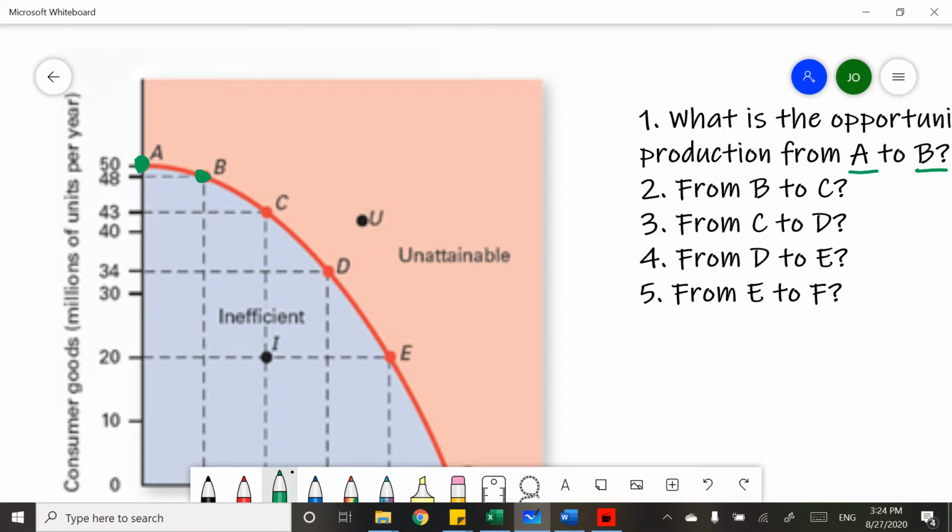Okay, so at point A, I'm going to write it here. We were producing 50 units of consumer goods.